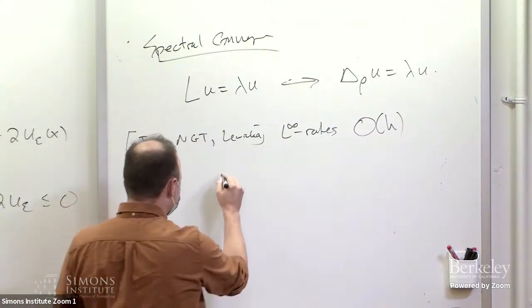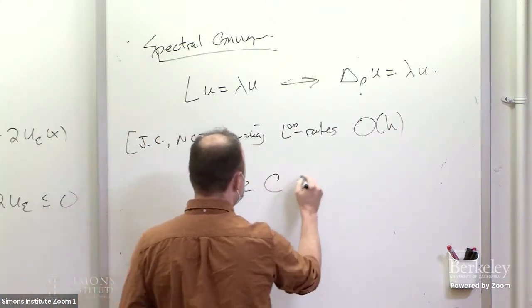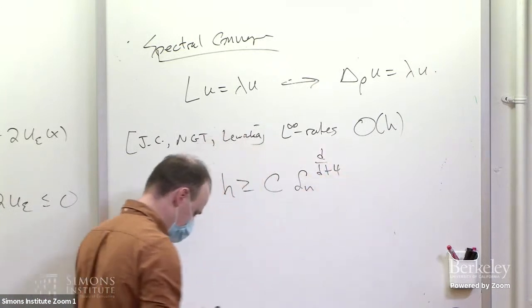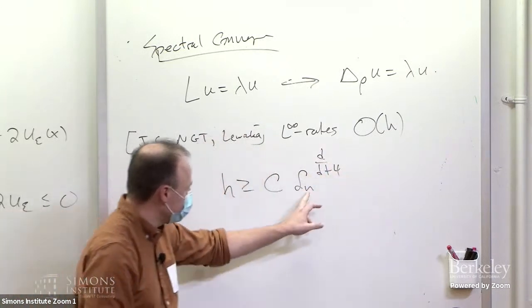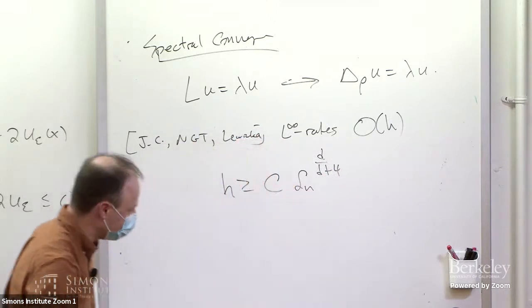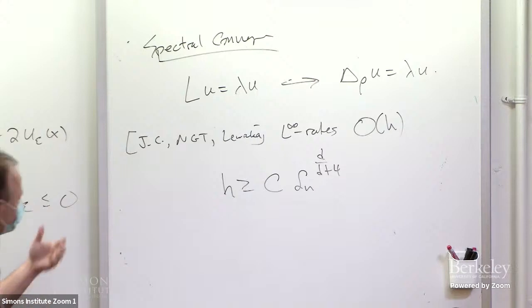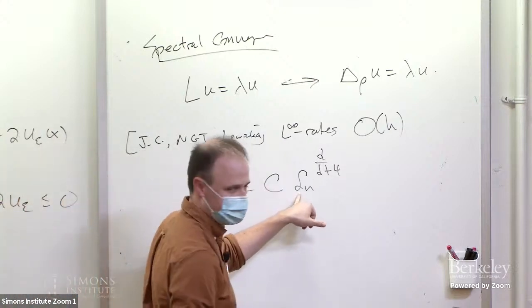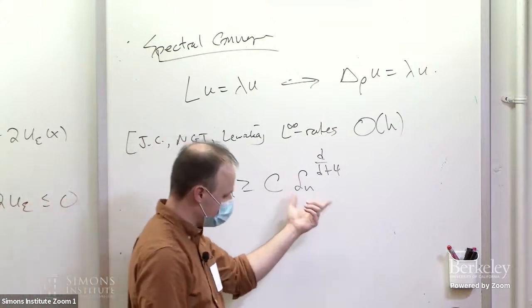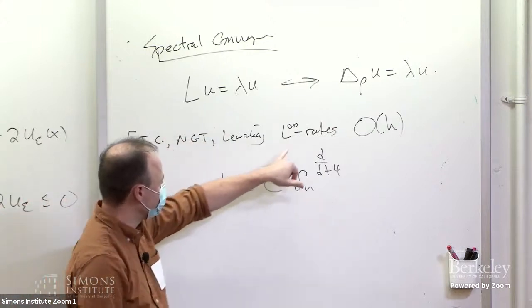But there's a length scale restriction, like I told you before. So this is delta n to the d over d plus 4, where delta n is not the exact same thing I wrote before, but it plays a similar role. It has the same scaling, essentially. And you'd want to prove these convergence rates all the way down to the graph connectivity threshold. There is quite a bit known down to that threshold, but the rates are not strong uniform rates.